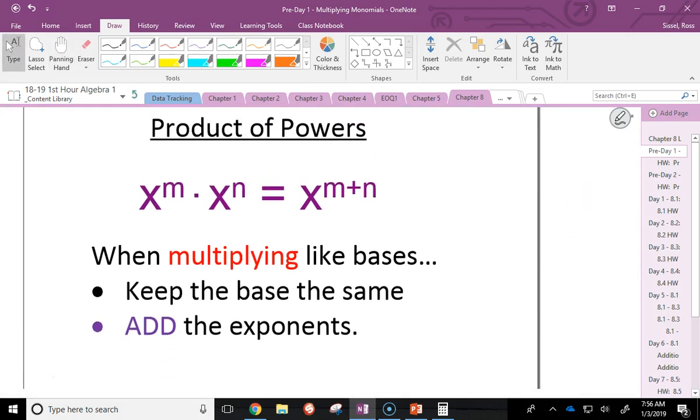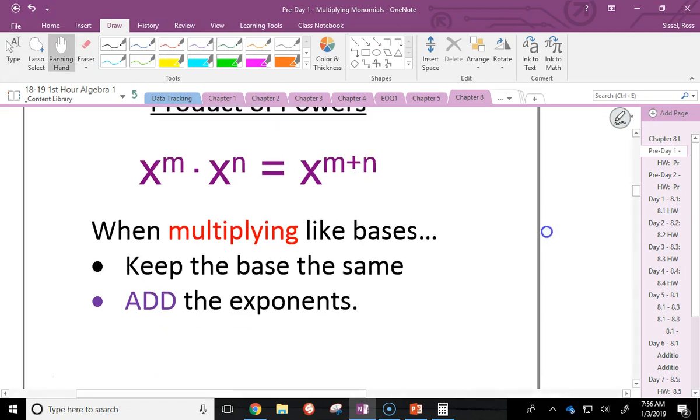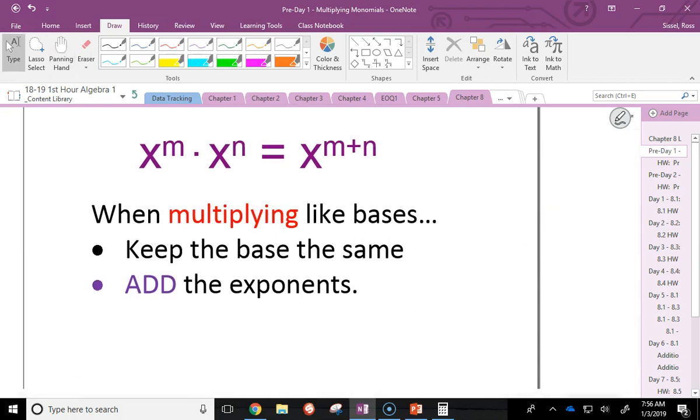Products of powers. This is going to happen when we have like bases, but our exponents are different. And it's pretty simple. When multiplying like bases, like x, which could be any number, when I'm multiplying two numbers that are the same but their exponents are different, you will add the exponents.